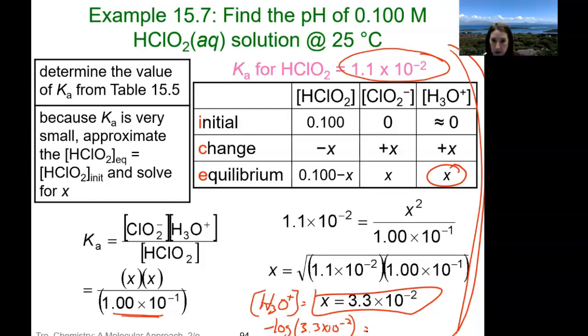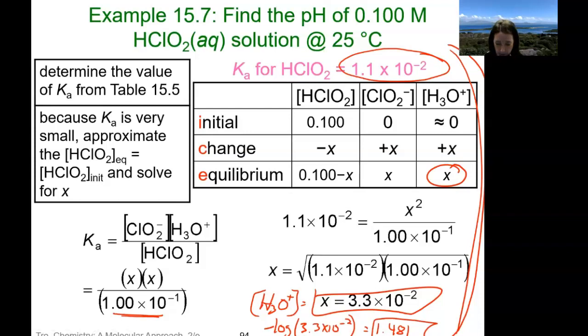I got 1.481, looking for my sig figs here, for my pH. Let's see if we got close enough on this.